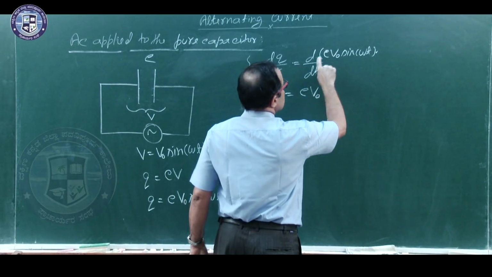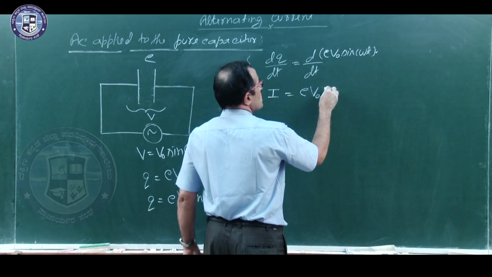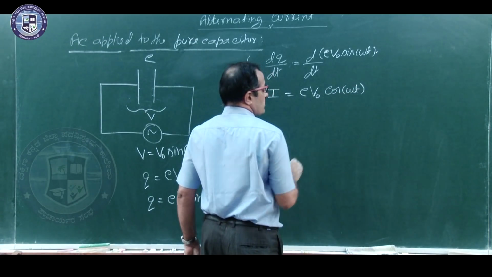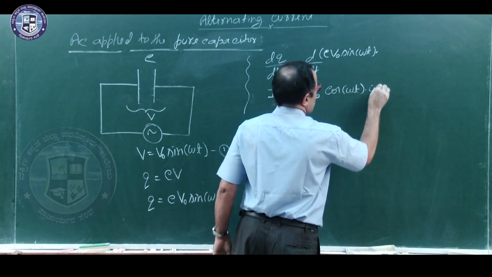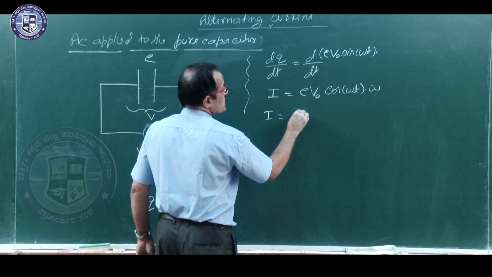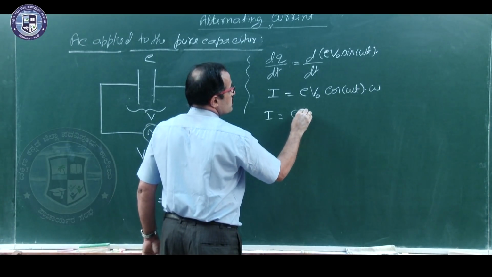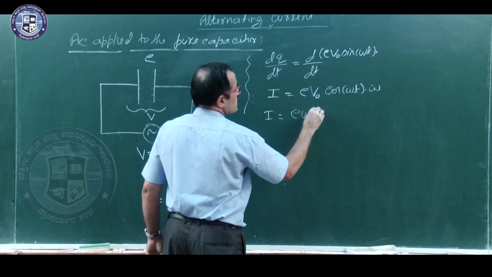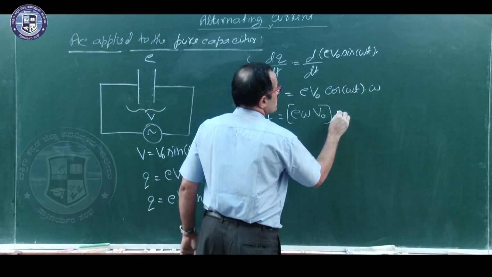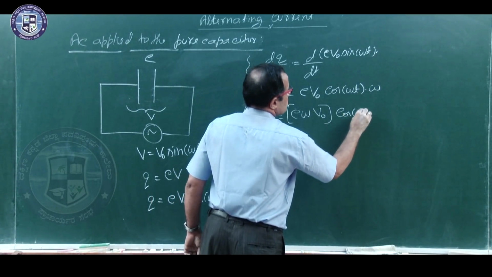What remains is differentiation of sin omega t. Sin omega t becomes cos omega t after differentiation, into omega. That is, I is equal to C into omega into V naught into cos omega t.